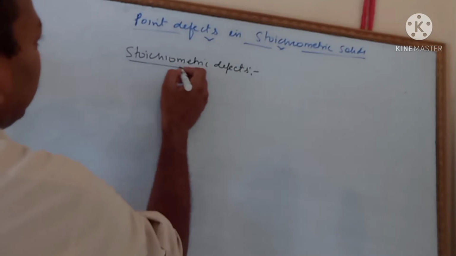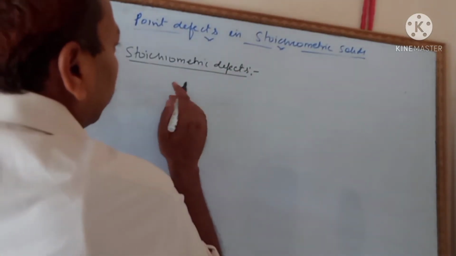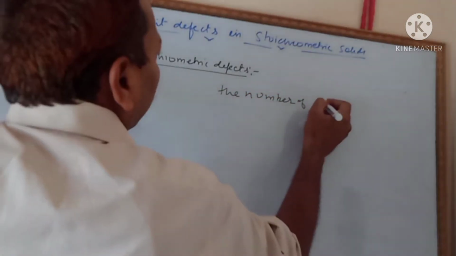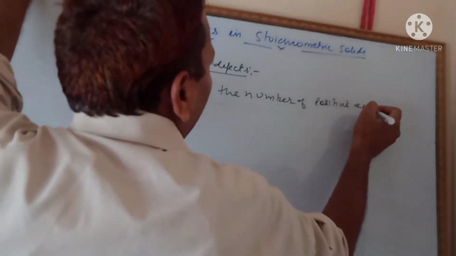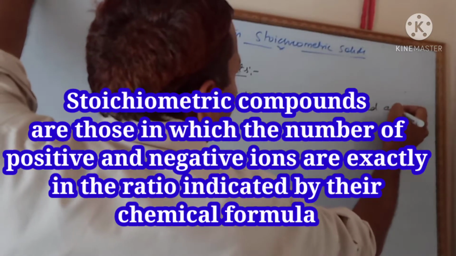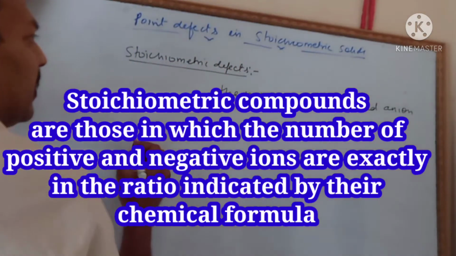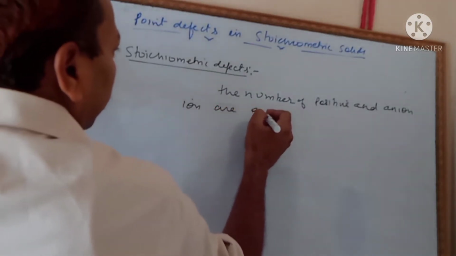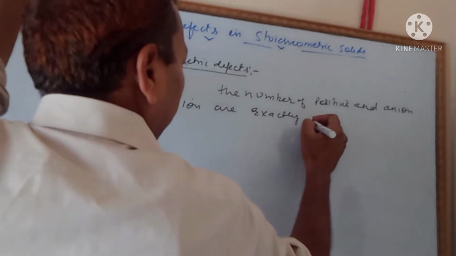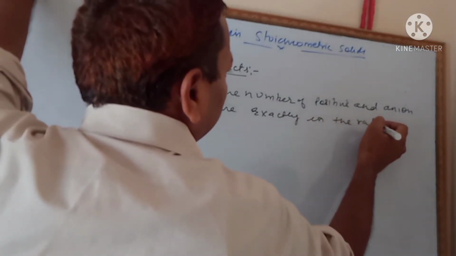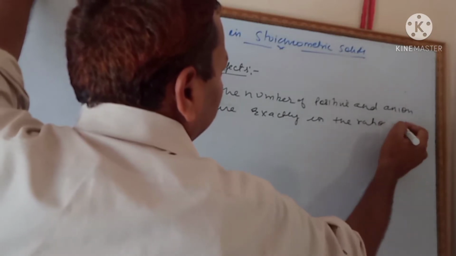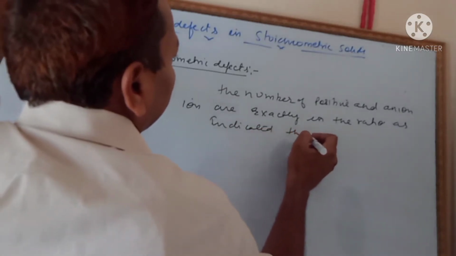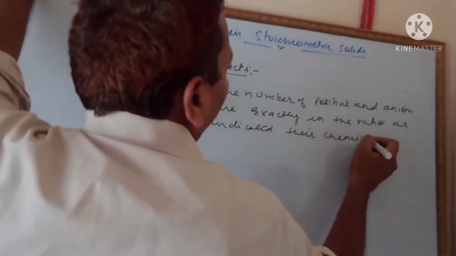In this type of defect we observe that the number of positive ions and anions are exactly in the ratio indicated by their chemical formula.